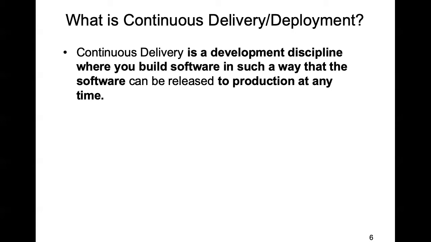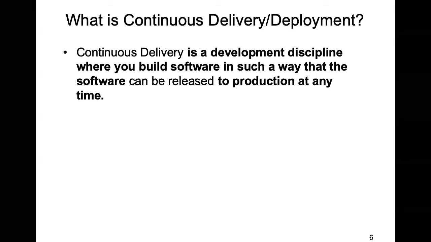So I'm saying continuous delivery is the development discipline where you build software in such a way that the software can be released to production at any time. This is what I was talking about a while ago. I should say now that CD is completely dependent on CI. You can't have CD without CI.